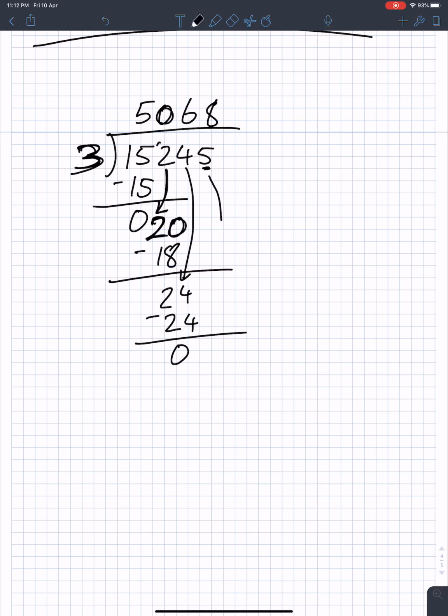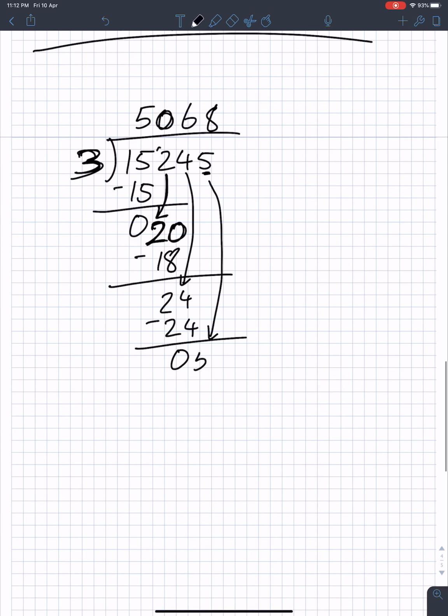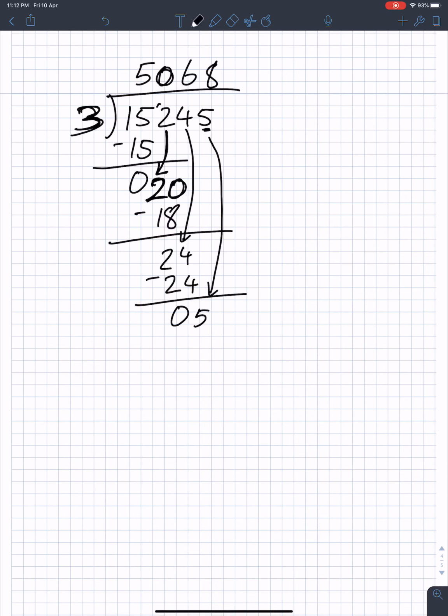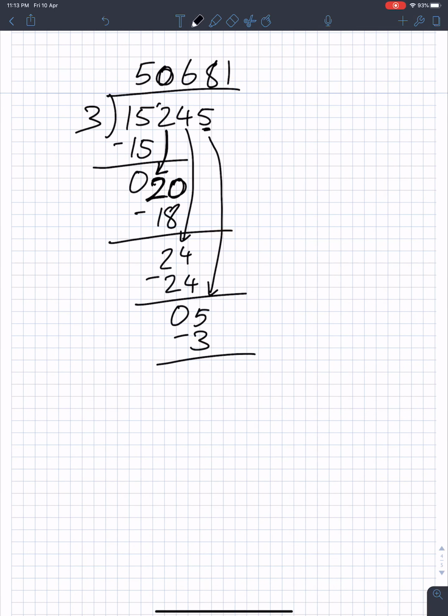So let's drop the 5 down here, okay? And 5 is bigger than 3, so we can use it on its own. So 1 3 is 3, 2 3 is 6, 2 3 is too big, so 1 3 is 3. Subtract 3 from 5, you're left with 2.